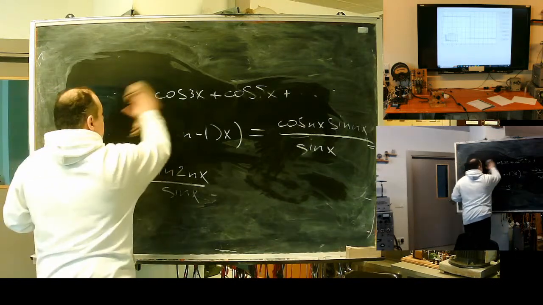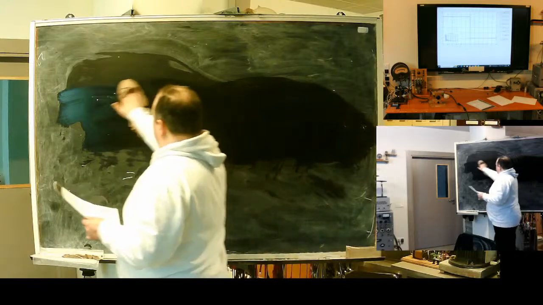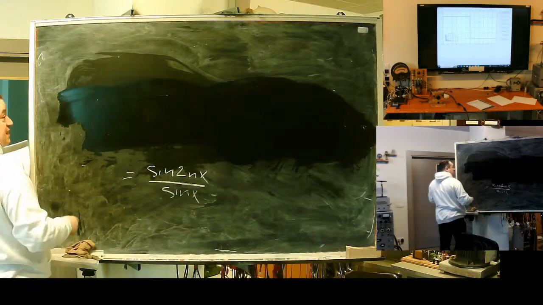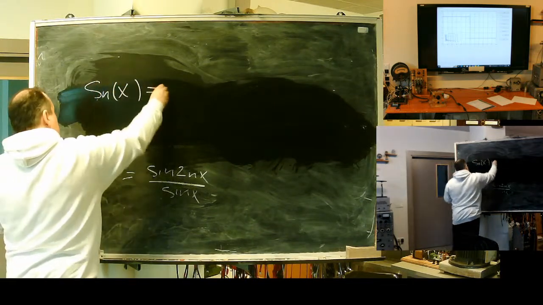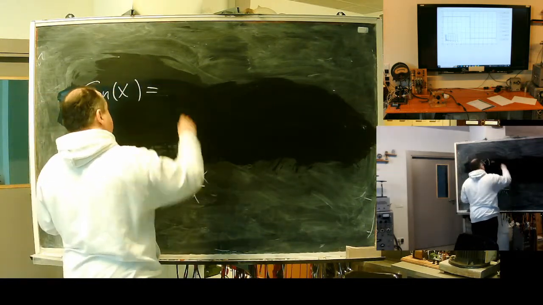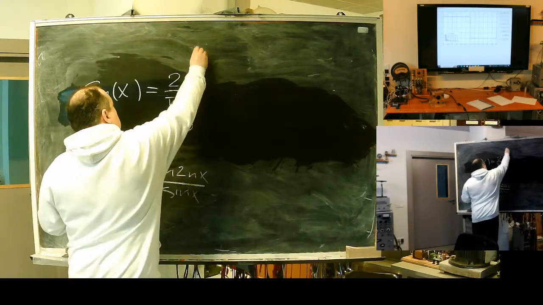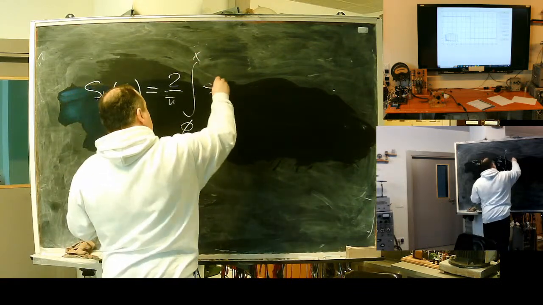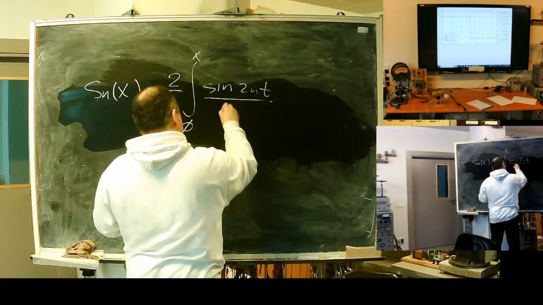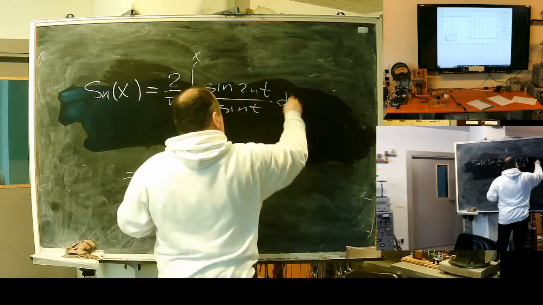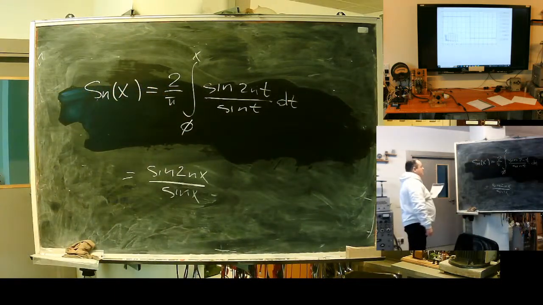First, we can make some interim conclusion. It can be represented as an integral from 0 to x of some interim function.